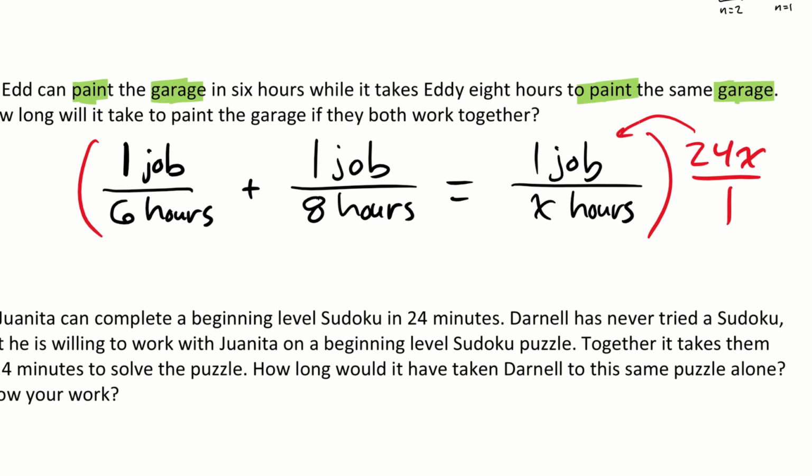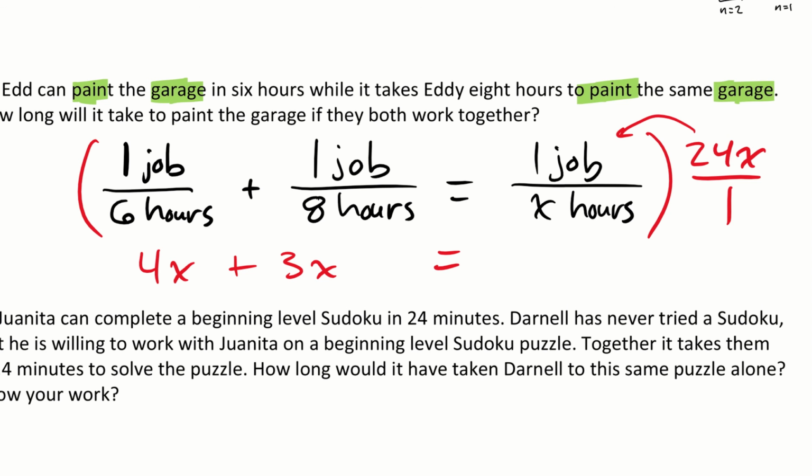I'm just going to simplify them mentally here. 24x divided by 6 becomes just 4x. So this is going to become 4x. And then plus 24x times 1 over 8. 24 divided by 8 is 3, so that becomes 3x. And then that's going to equal 1 over x times 24x.